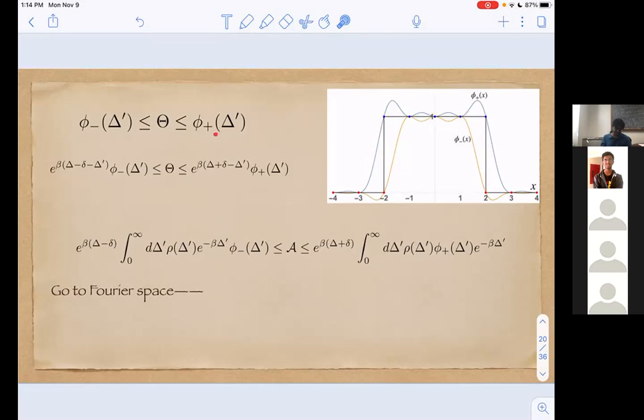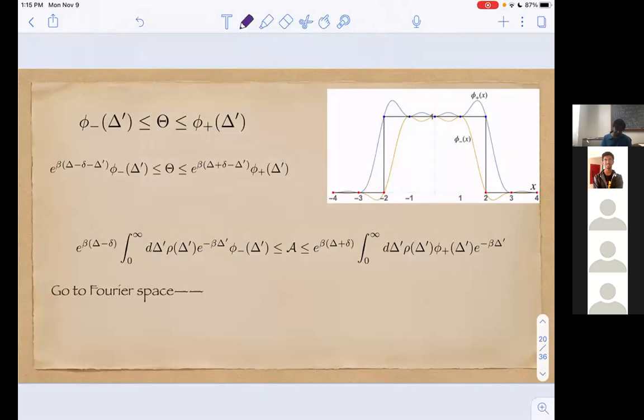Then we multiply these functions by some numbers so that the inequality still holds, and integrate against the density of states. Then we have a basic inequality of this form. You can see that phi minus delta prime and phi plus delta prime appear, and this will play a crucial role in regulating the sum.